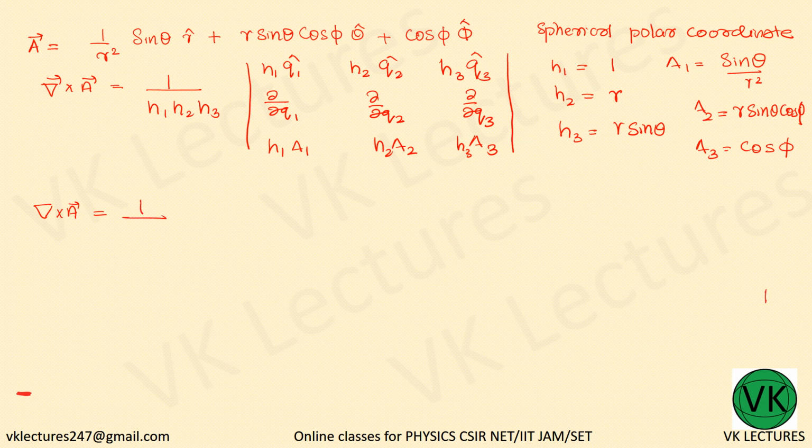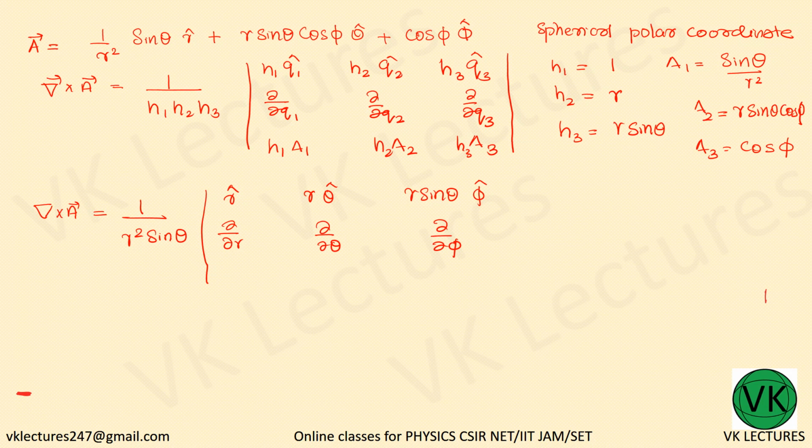So 1 by r square sin theta into h1 is 1, this is r cap, h2 is r, then theta cap, h3 is r sin theta, q3 cap means phi cap, dou by dou r, dou by dou theta, dou by dou phi.